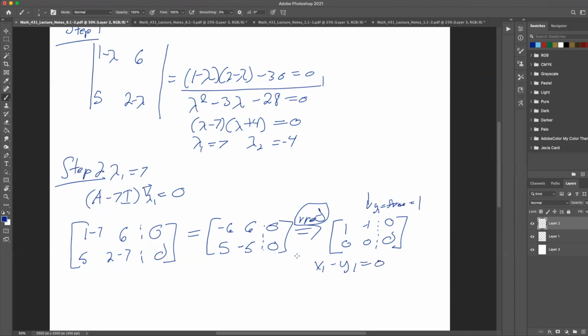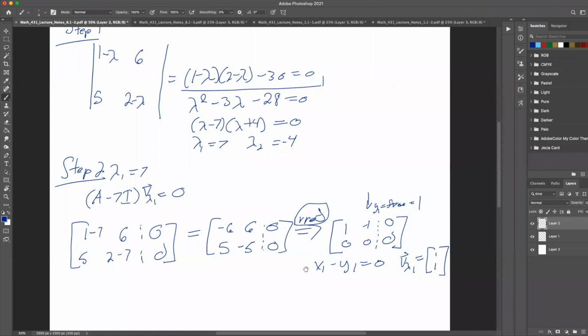And so what's the solution here? What must x1 be? Yeah, it should be 1, right? And so here I get my vector of lambda 1 is 1 for y1, and then this is also y1, just by solving it out.